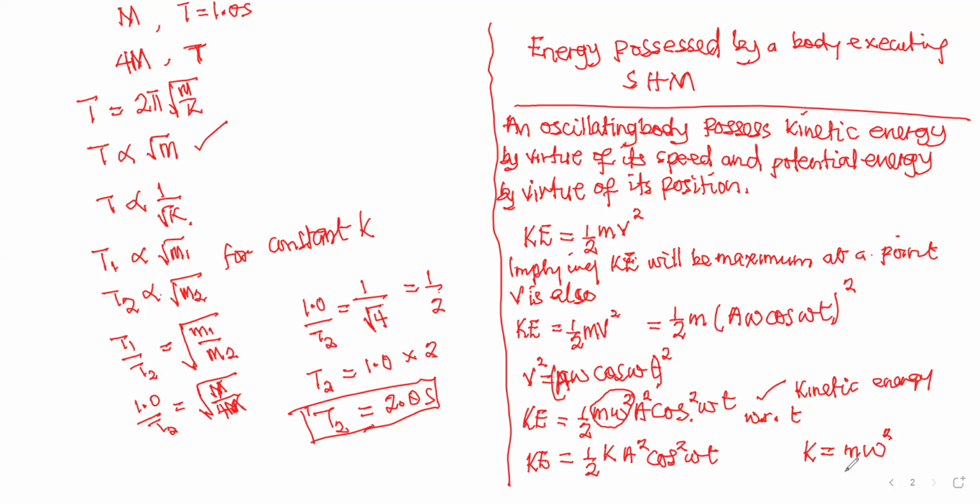We can also have the kinetic energy formula with respect to displacement. The velocity of an oscillating body with respect to displacement is given by omega times the square root of a squared minus y squared.